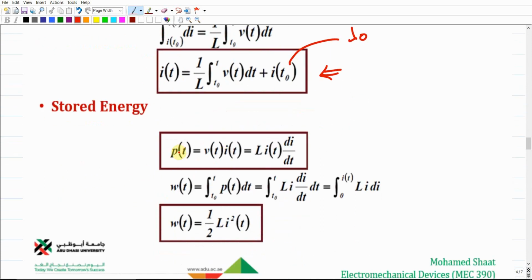How about the stored energy and the power? The power is very simple as usual. The power through any electrical element is the voltage across this element times the current through this element.